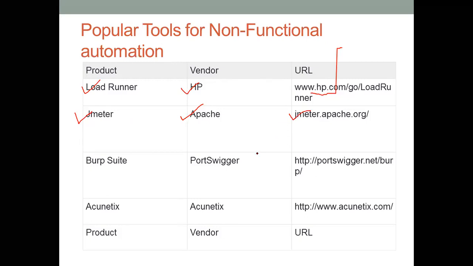From this website you will get all the information. So third is the Burp Suite. The vendor that has developed this tool is PortSwigger. You will get all the information about Burp Suite from portswigger.net.